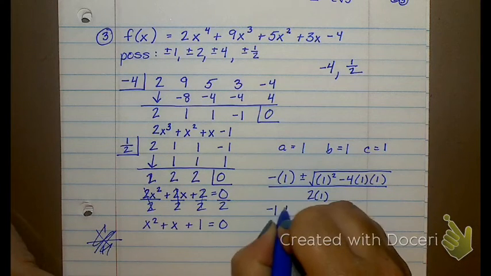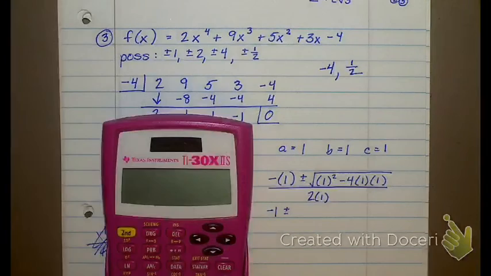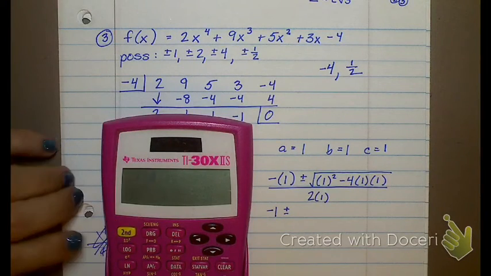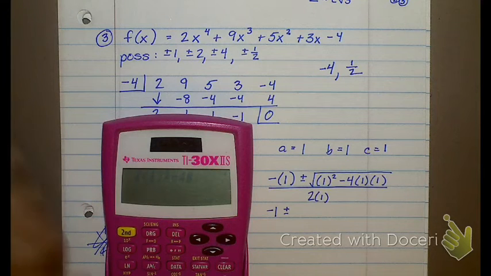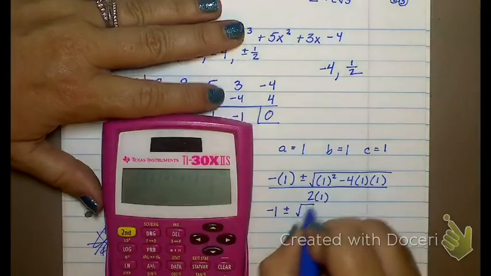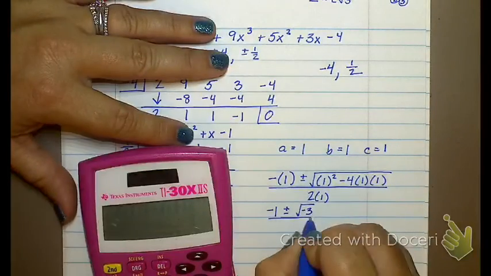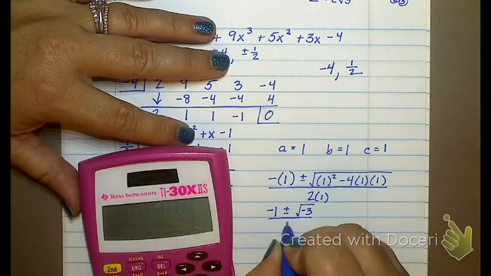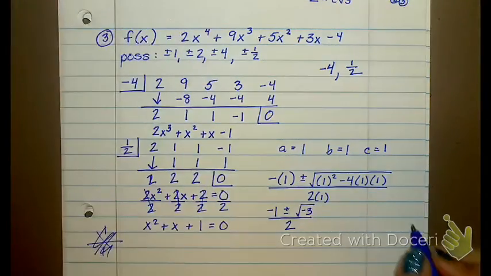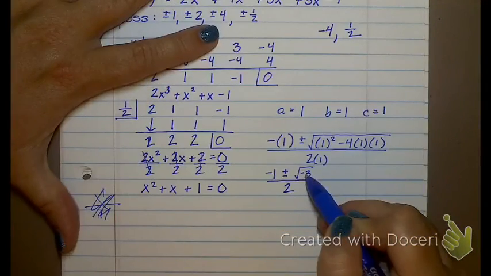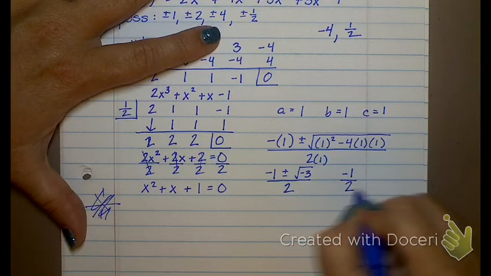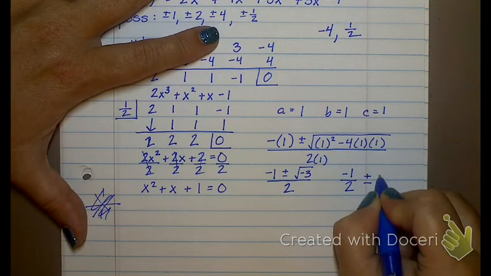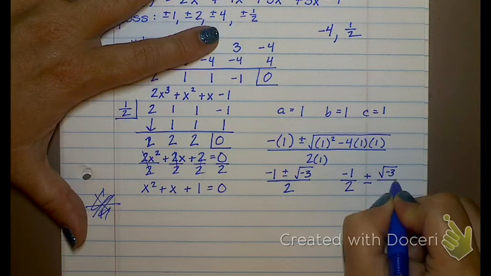Negative 1 plus or minus the square root of 1 squared minus 4 times 1 times 1. That's the square root of negative 3 all over 2 times 1, which is 2. Now, what did I say before? If you have the radical stuck in your answer, you have to split it up. So that would be negative 1 over 2 plus or minus square root of negative 3 over 2.